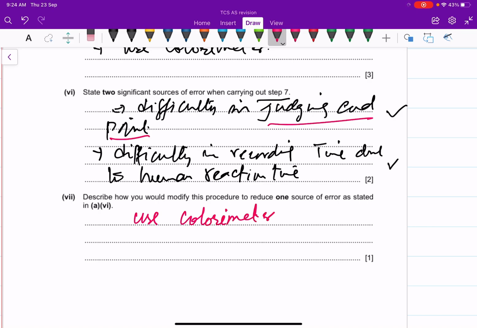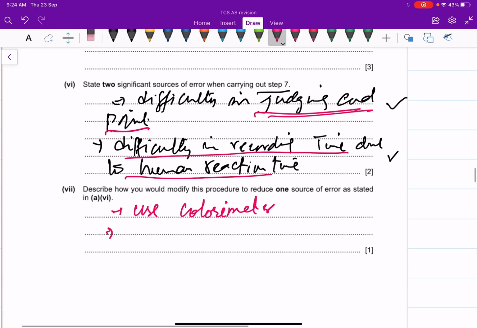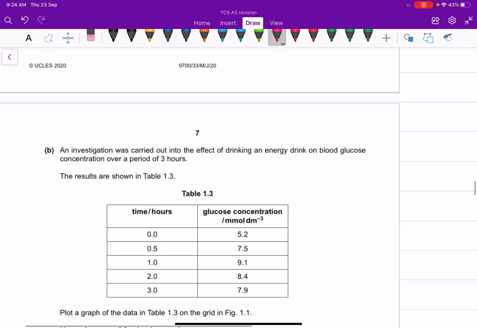Okay, that would improve this one source of error, and to improve the other source of error you can use a slow motion camera, or multiple observers can be asked to record the results, so that this second type of error can be reduced.